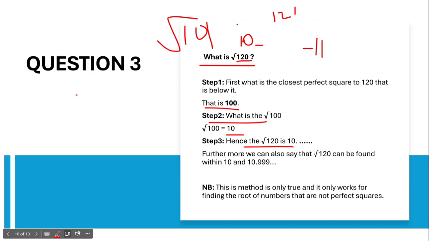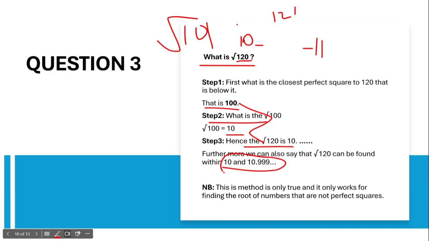If other numbers are 10.7, 10.8, 10.9, those options are closer to 11 rather than 10. So you just pick the one that is closer to 10, the square root of 100. So that is what this observation is basically trying to infer here.